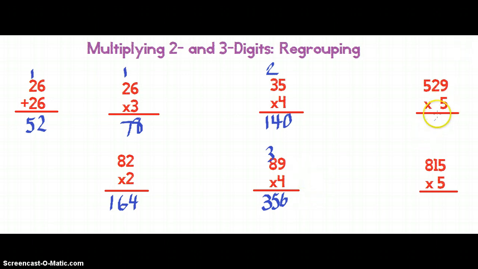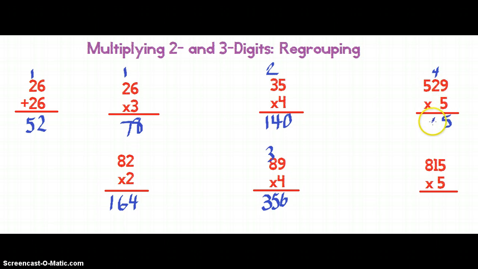Look at this problem. We need to start and multiply our ones place. 5 times 9 is 45. So I write down my ones, which is 5. Carry my 4. 5 times 2 is 10, plus 4 is 14.